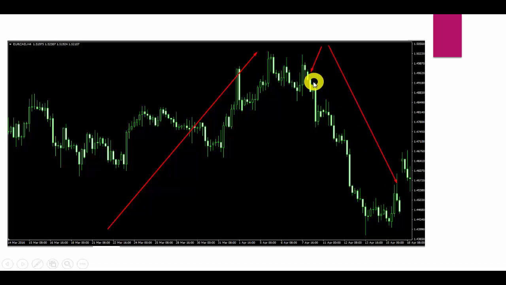After the closing of the third candle, we wait for some retracement, and this highest point of the first candle would be our stop loss, and we will trade with a 1:1 ratio. But you can see the market gave us at least 1:2 or 1:3 risk to reward.